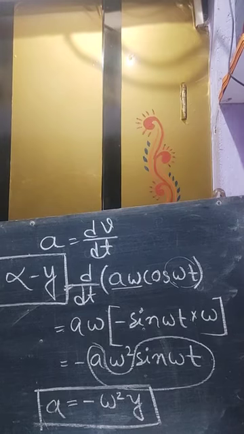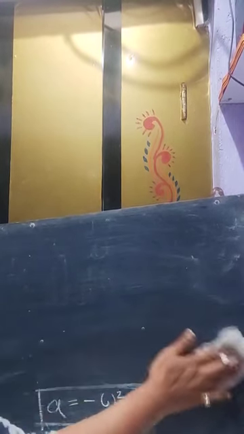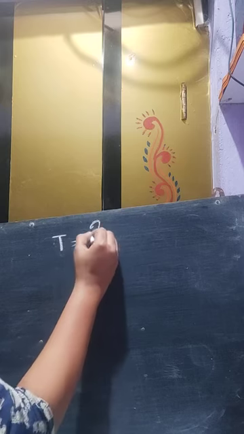Next I am going to the periodic time of SHM. Already I have discussed that, so let us discuss it once more. Basically the discussion will depend on the terms of acceleration and velocity. We all know that the time period T is defined as 2 pi by omega.